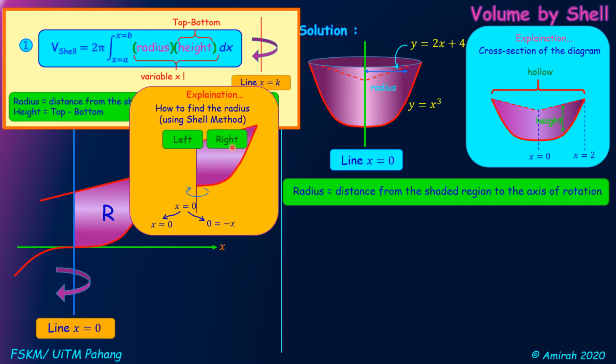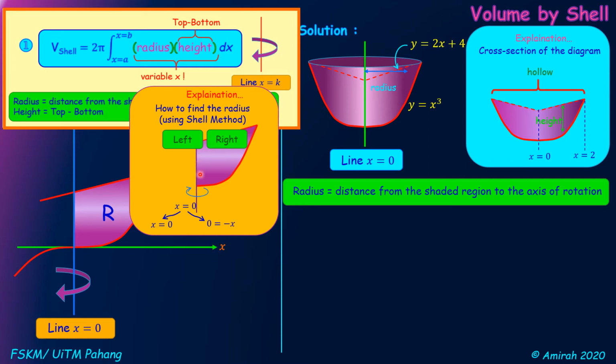Let's say from the axis of rotation, which is the line x equals 0, we move x to the right-hand side, so we get 0 equals negative x. Or we just leave x on the left-hand side, so we still get x equals 0.